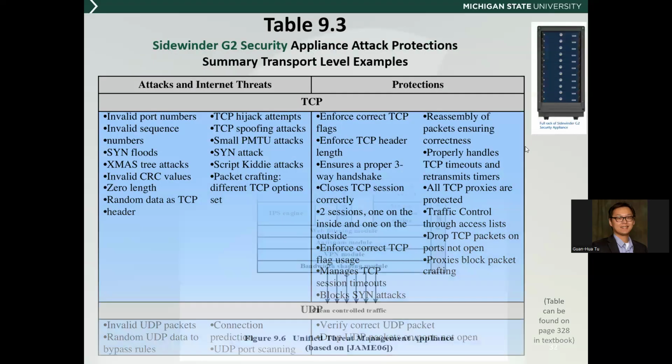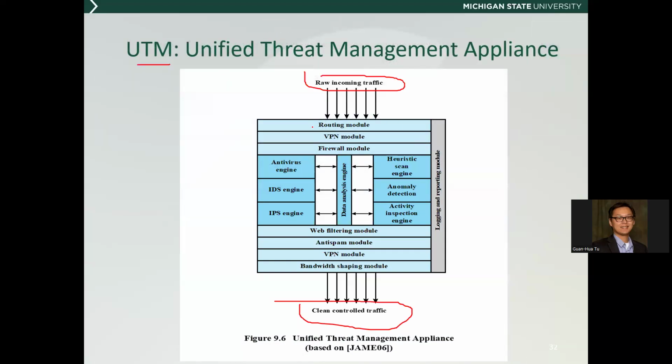First of all, it comes with a lot of modules, for example, routing module, VPN module, and firewall. It can come with the antivirus engine, the IDS engine, and the IPS engine. Then it can deploy different scan engines, for example, heuristic, anomaly detection, and activity inspection engines. It will also perform anti-spam, web filter, and bandwidth shaping.